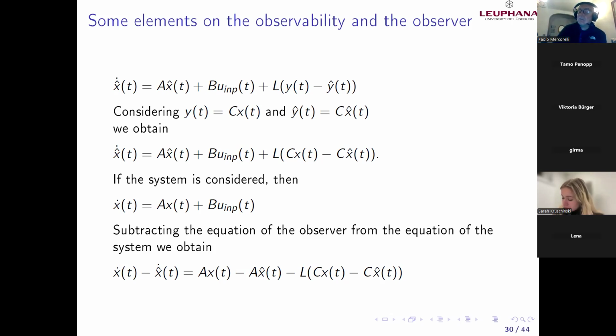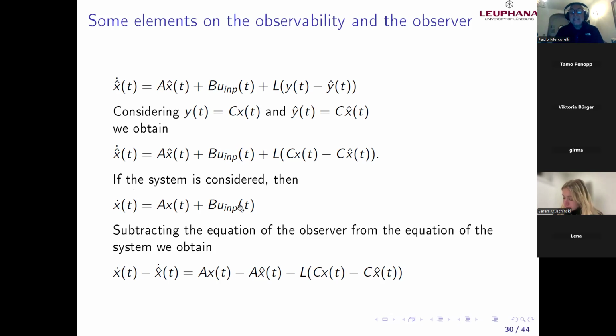If I plug these two equations in, instead of y, C multiplied by x, and instead of y hat, C multiplied by x hat, I will have this expression here. This was exactly my system, which is reflecting the system totally, artificially, if you like, because I will never know the system. This we will see later with the Kalman filter. But assuming that I know the system.